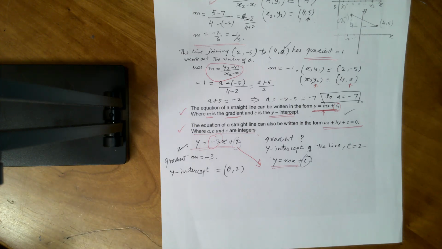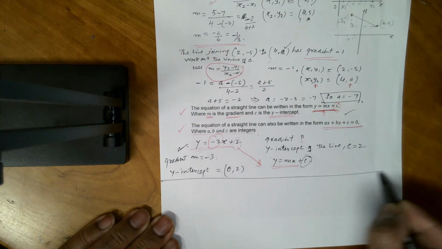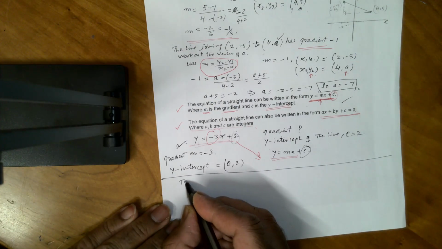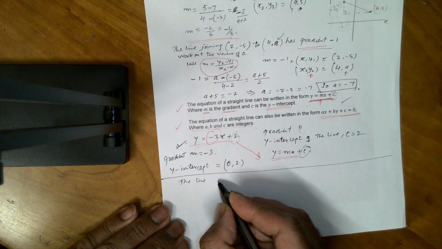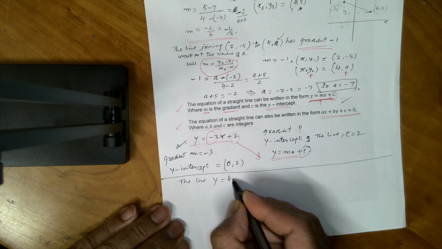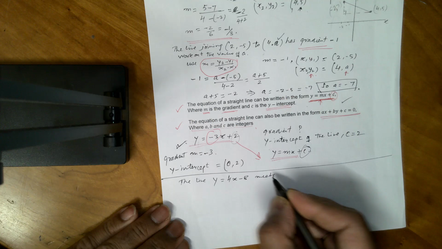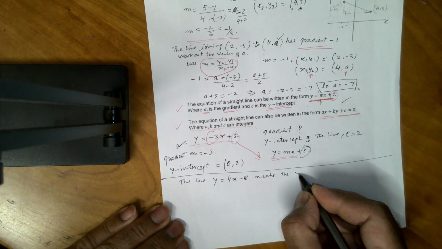Let's cover this example now. It says the line, so let me write down the equation here: y equal to 4x minus 8, meets the x-axis.